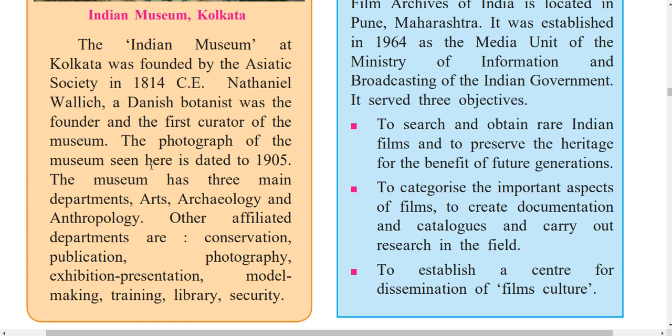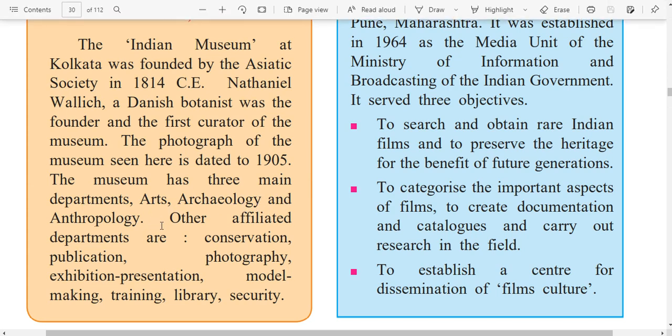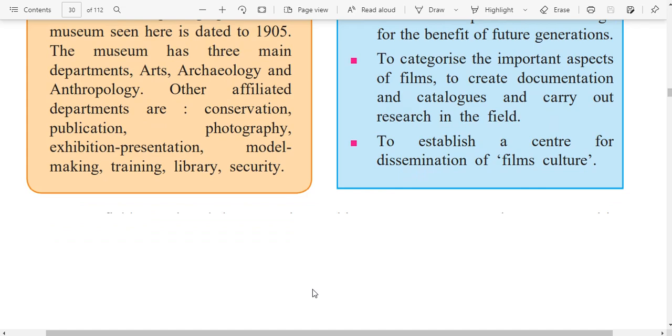The photograph of the museum seen here is dated to 1905. The museum has three main departments: arts, archaeology, and anthropology. Other affiliated departments are conservation, publication, photography, exhibition presentation, model making, training, library, security.